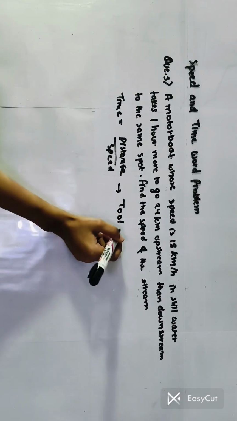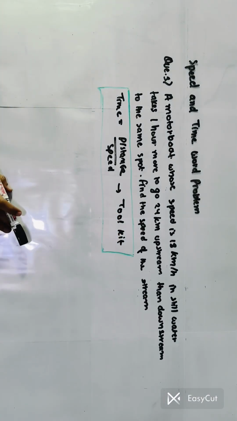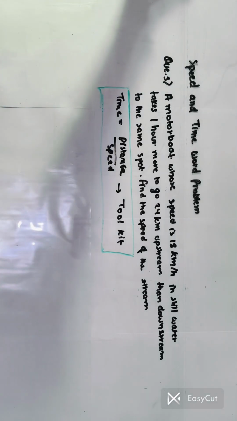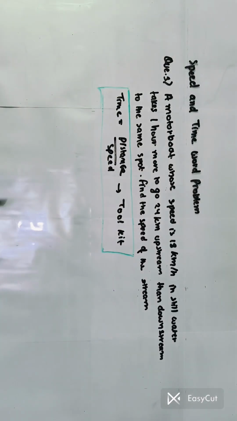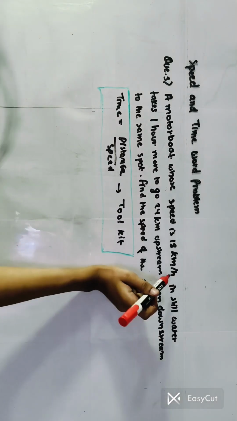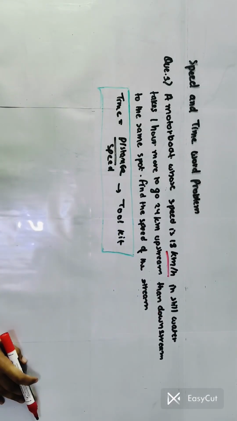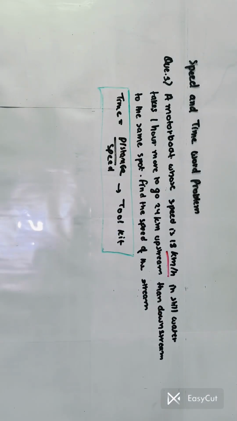But the news is you don't have to keep the units in mind at first and at last too. But be careful. Sometimes the question will ask that the answer should be in meter per second instead of what's written here, kilometer per hour. Keep these things in mind.